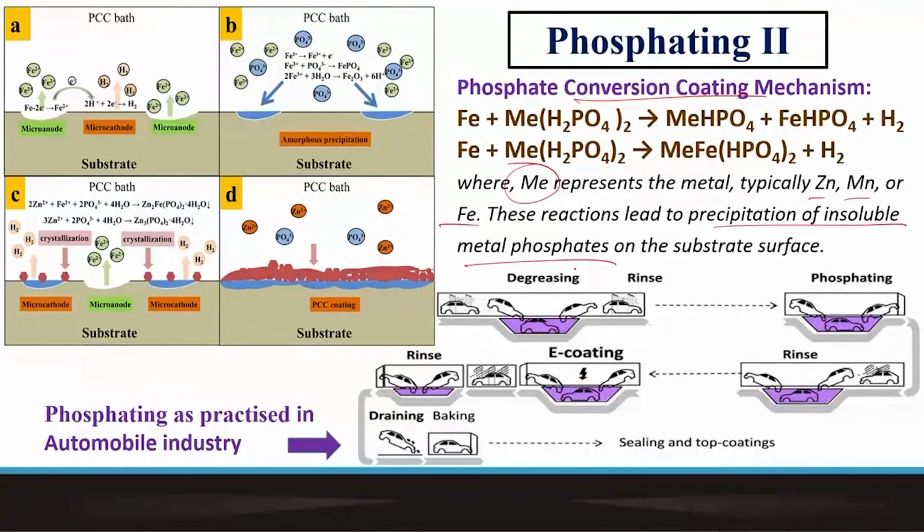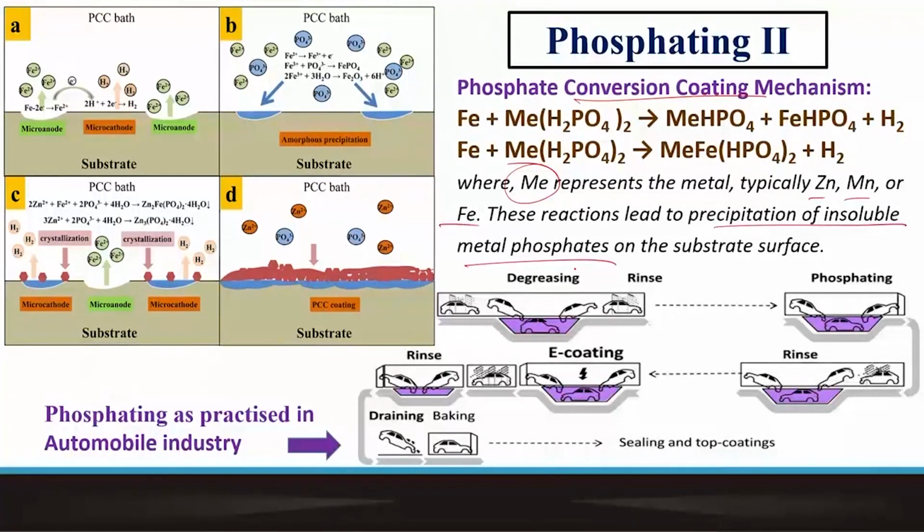The good thing is that since these compounds are formed by a reaction between the pure metallic substrate and the chemical solution or bath, the reaction products are fully adherent onto the surface. This adherence is one of the most attractive propositions for all such conversion coatings.